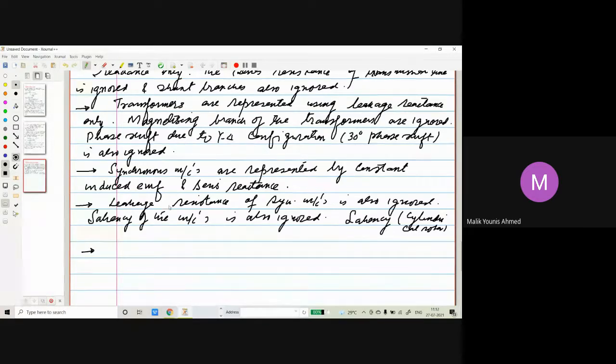Next is static loads. As we have seen, static loads are not taken into consideration in fault analysis. All the static loads, we don't consider them.